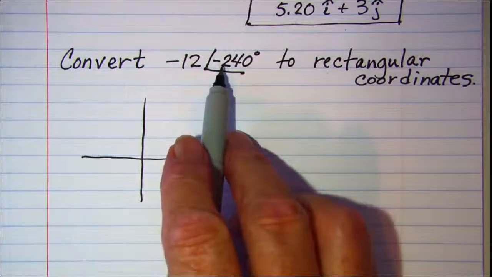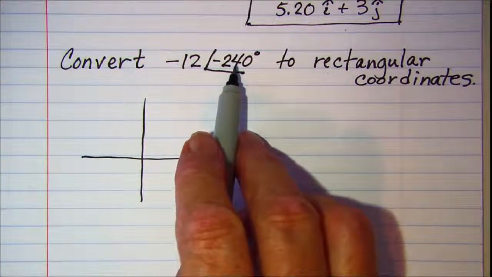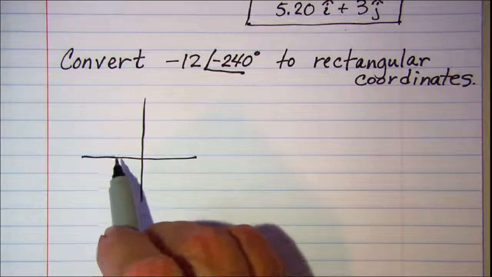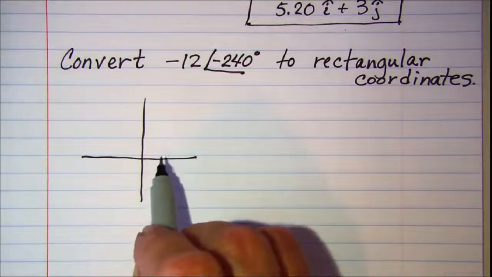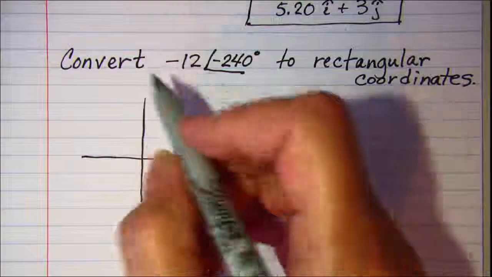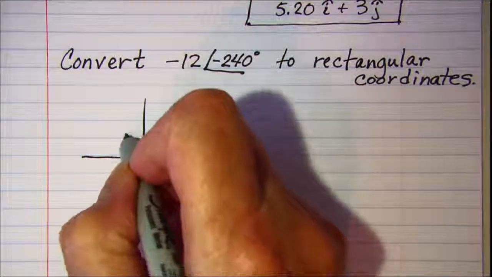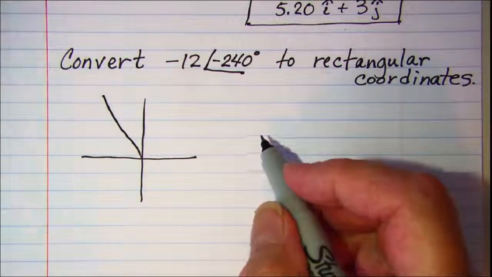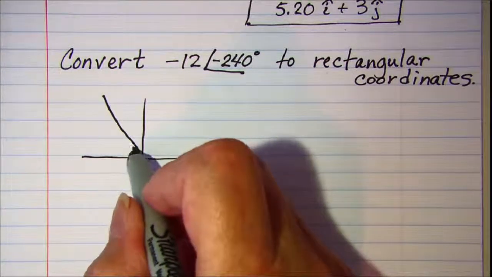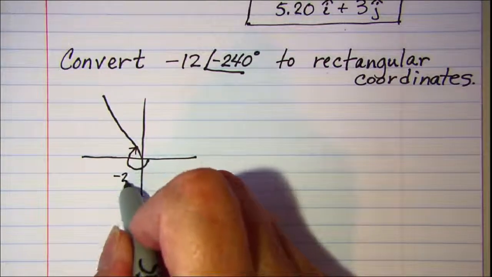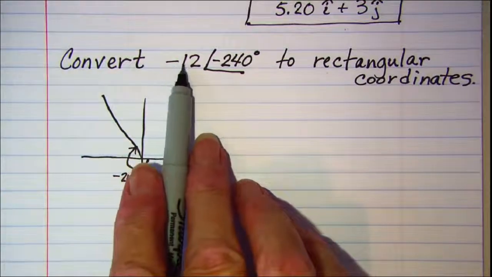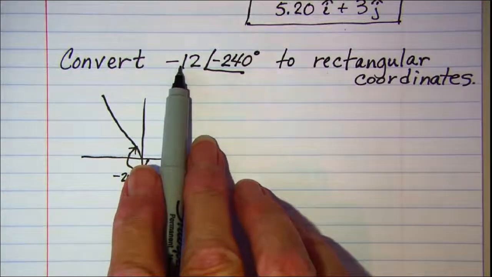We have a -240 degree rotation, so we'll go clockwise this time. 180 would be to the negative x-axis, and then 60 more would put me right about here, and that is our -240 degrees. But now we have to consider the fact that our r value is negative.